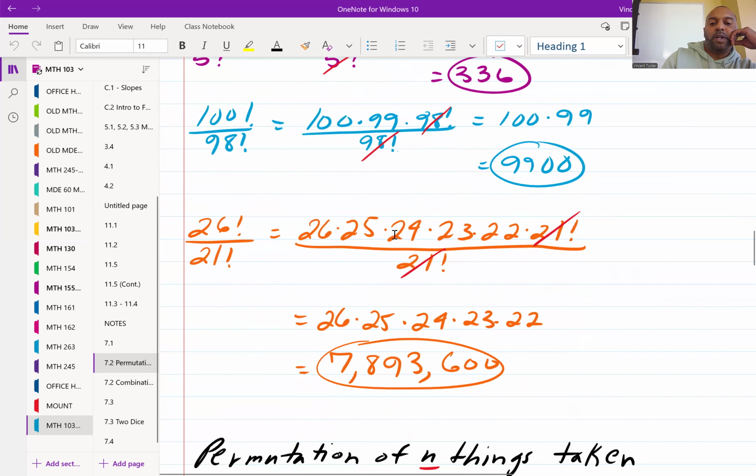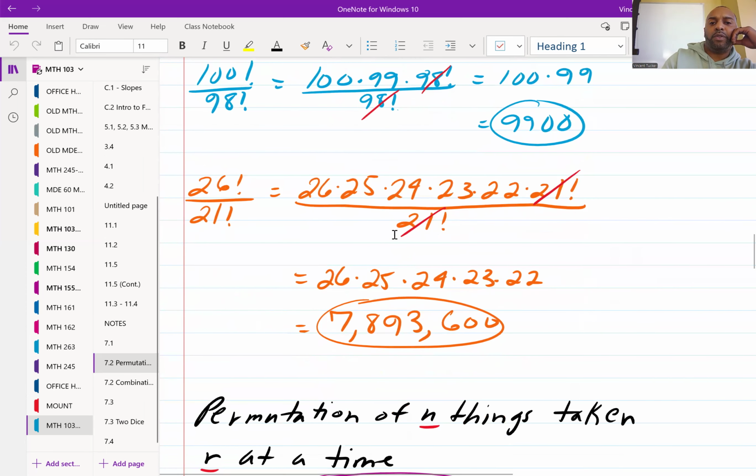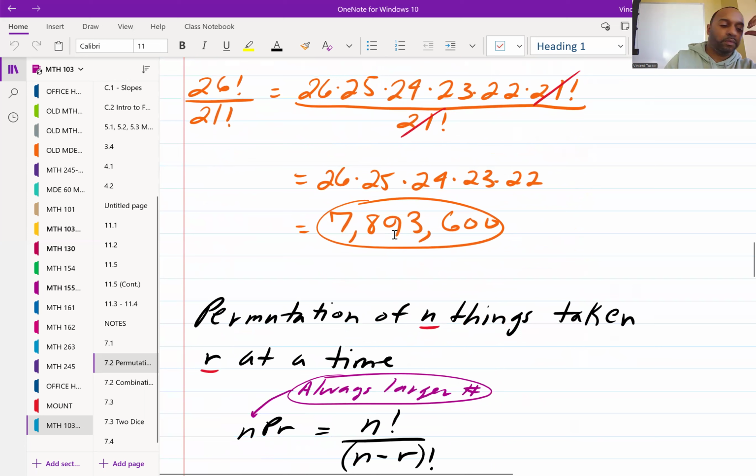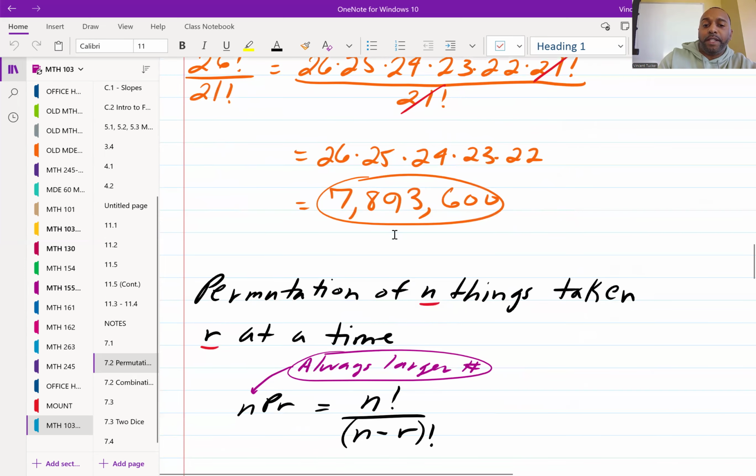All right. So let's look at the formula for permutations. A permutation of n things taken r at a time.